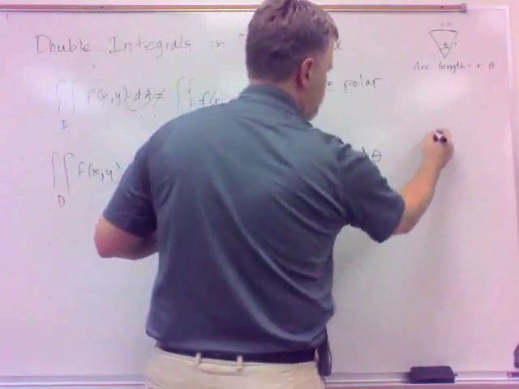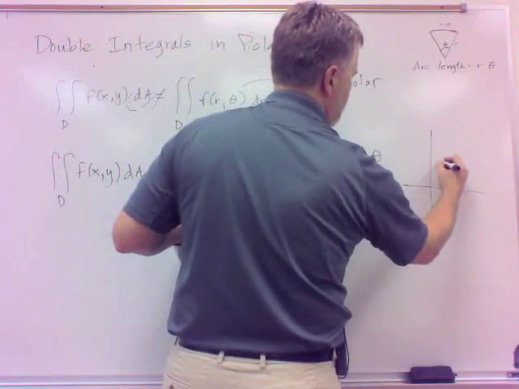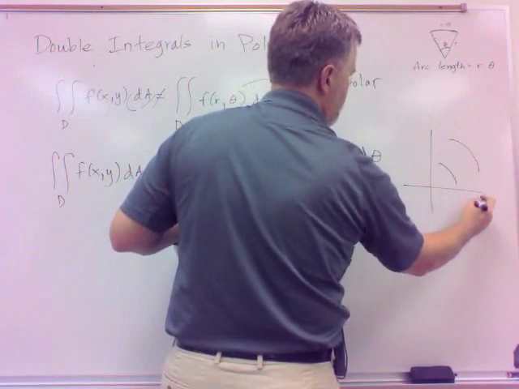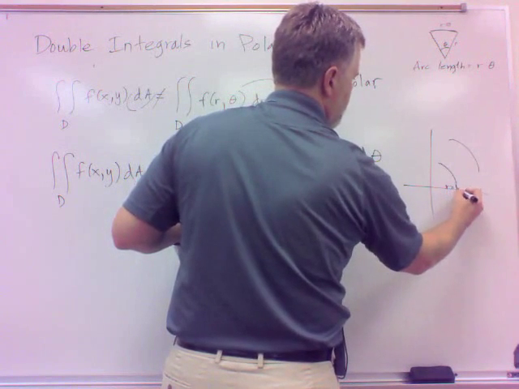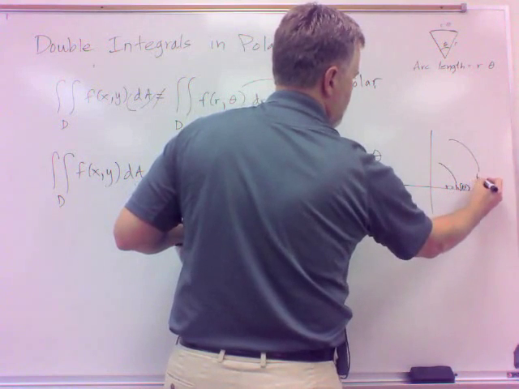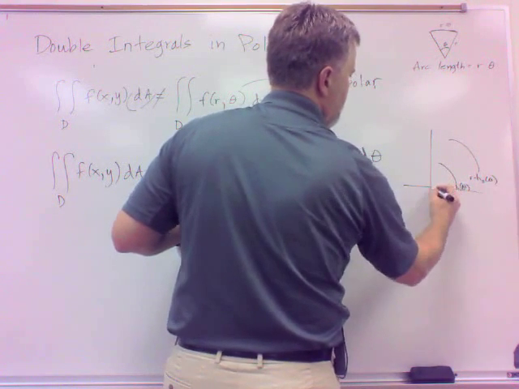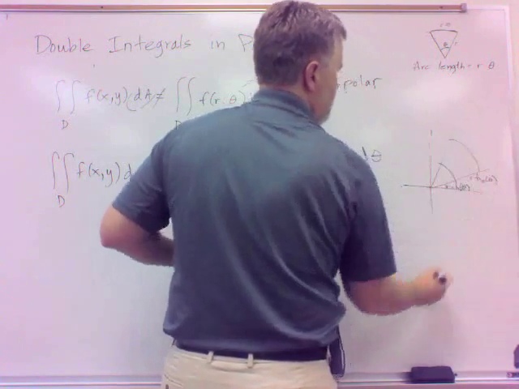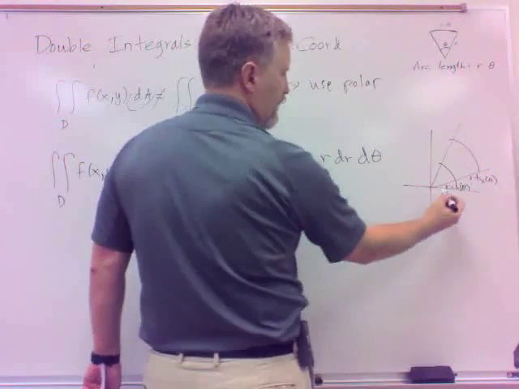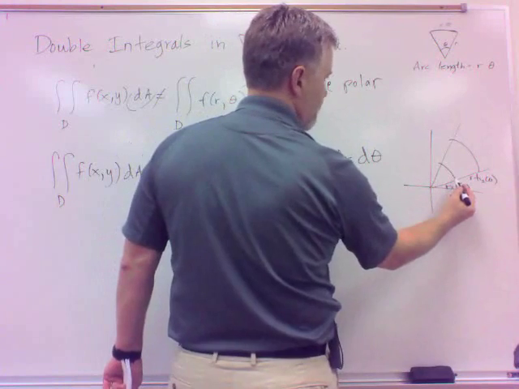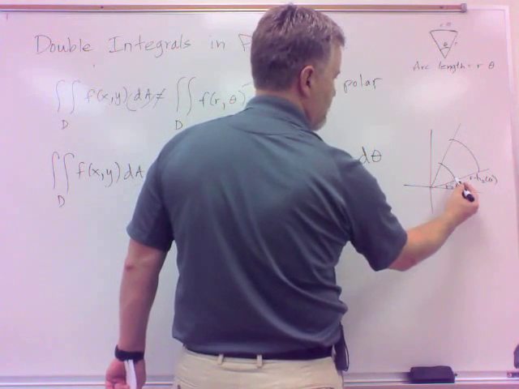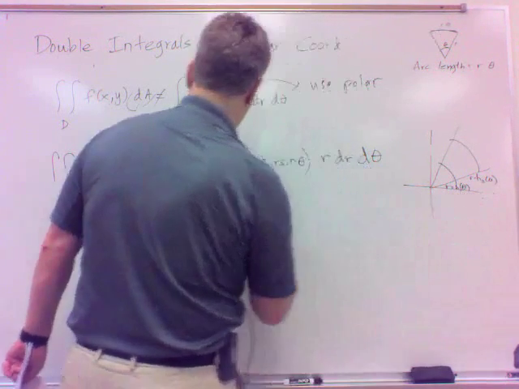Okay, and so we do the r's. Well, again, here's the picture. R equals h1 theta. R equals h2 theta. And so as far as the r's go, I'll go from h1 theta to h2 theta, right?